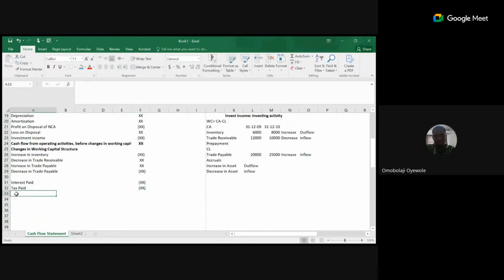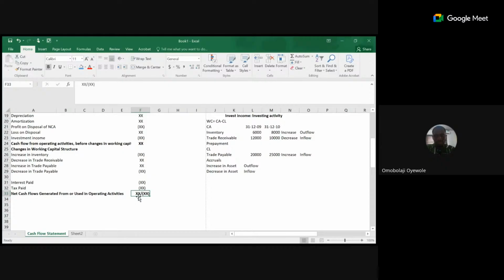Then once we are done with that, we get net cash flows generated from or used in operating activities. This can be either an inflow or an outflow, depending on whatever we are getting.